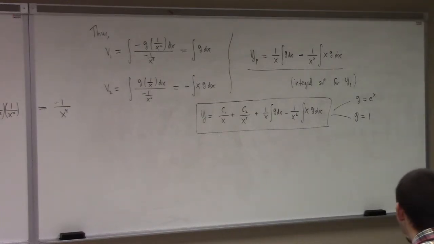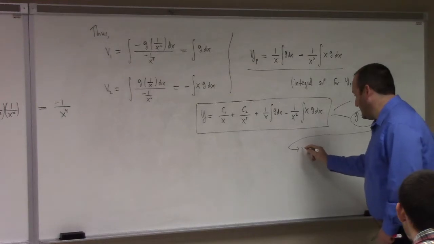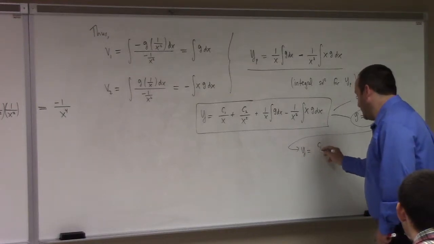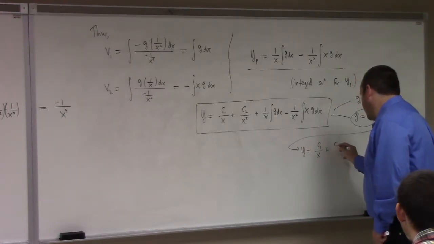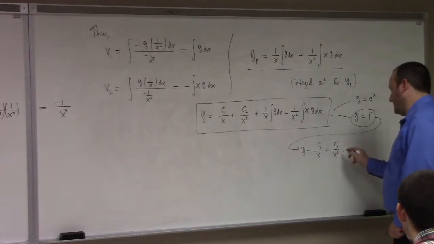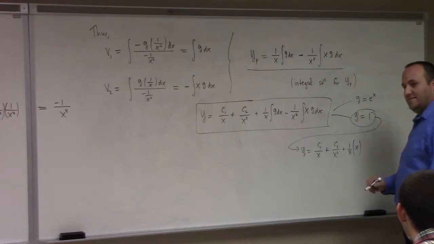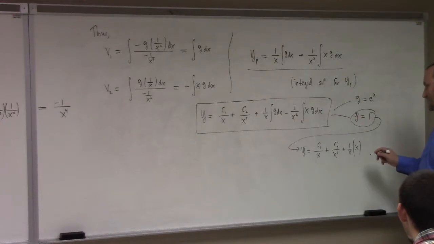If we have g equals 1, then I can do those integrals without a lot of mental effort. Your solution would be c1 over x plus c2 over x squared, plus 1 over x times, what's the integral of x? What's the integral of x times 1?